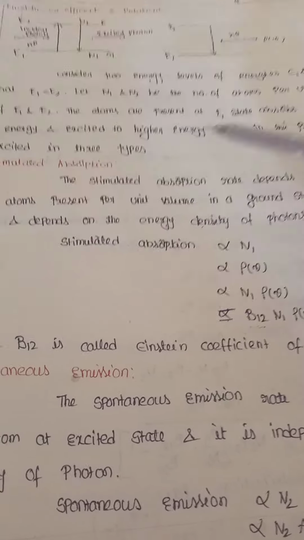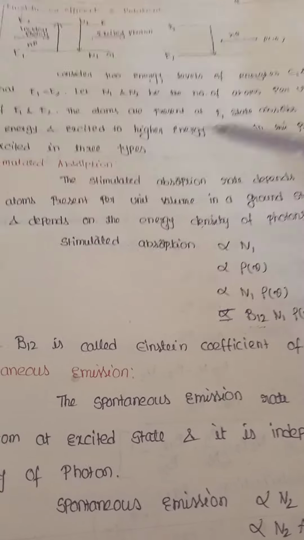And the third one, let us consider stimulated emission. Stimulated emission depends on the number of atoms at the excited state as well as the energy density of photons, because in the case of stimulated emission, the emission takes place with the supplying of energy.